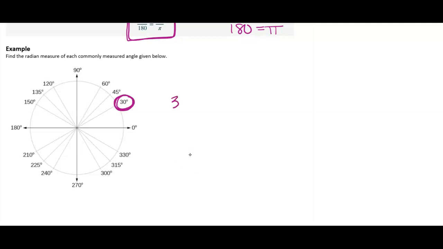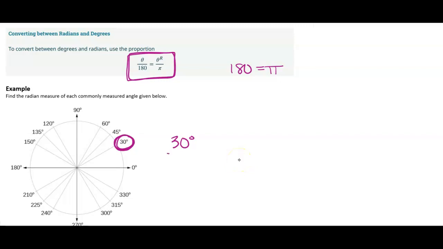So if I say I have 30 degrees, and I want that to be the same units as 180 degrees, then that's my angle in radian measure over pi, or that proportion of 30 out of 180 has to be the proportion of whatever that arc length is with respect to pi.